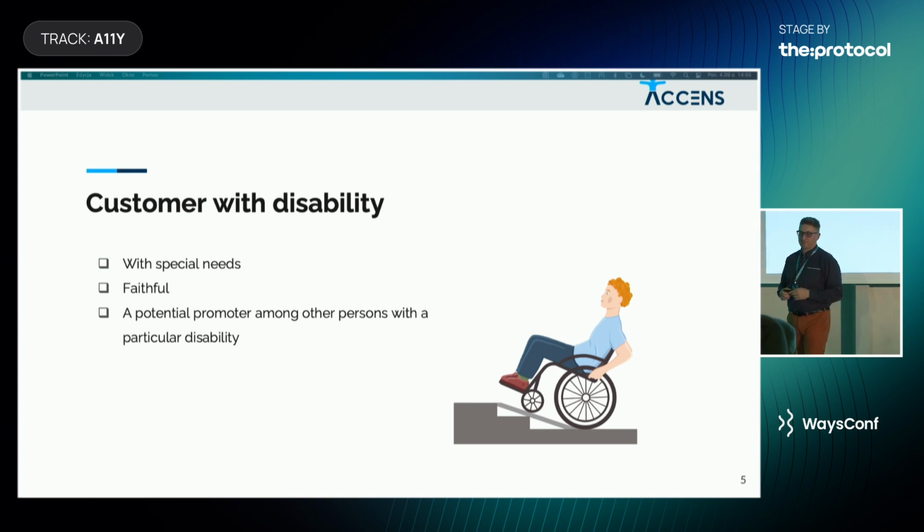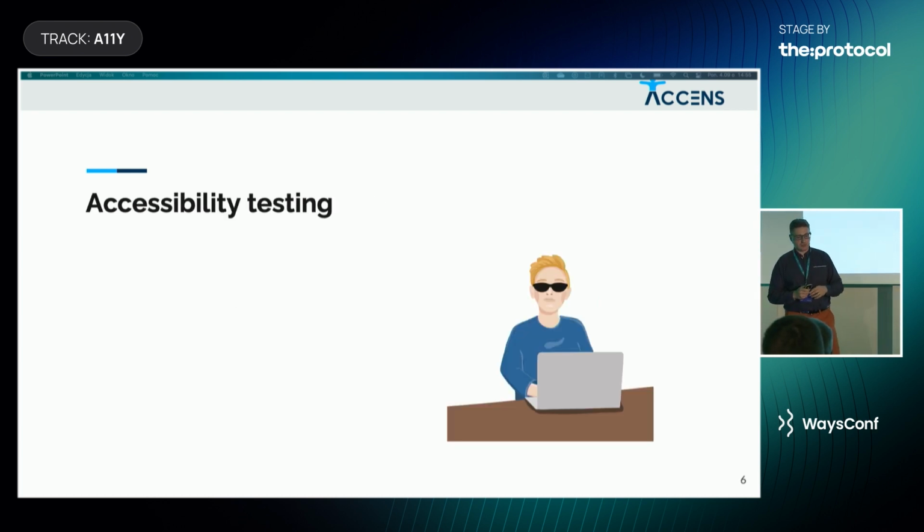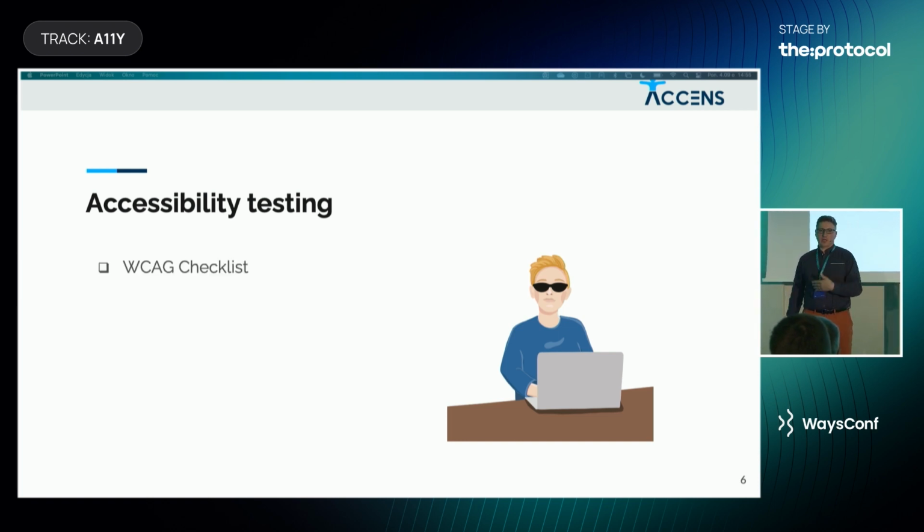Okay, let's go to the testing now. In accessibility testing, there are a few aspects of how you can measure and test it. One is what I mentioned before: there are standards, and checklists you can go through, to make sure you are following the standards.